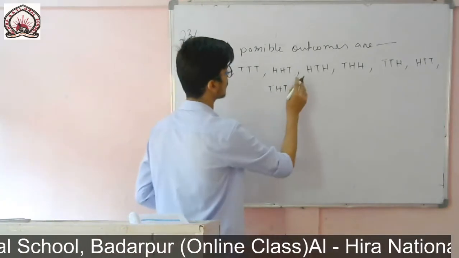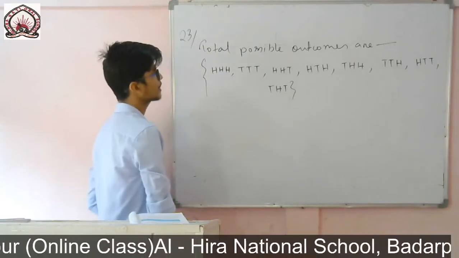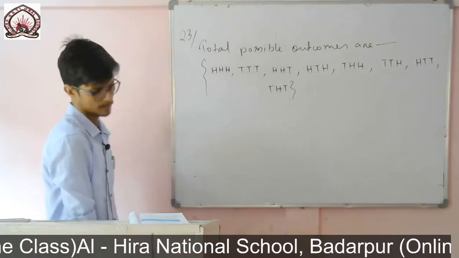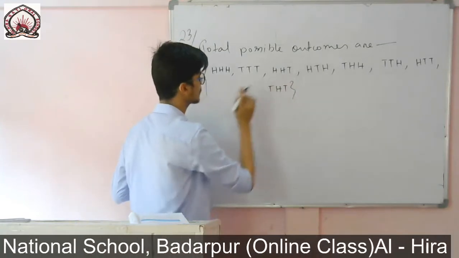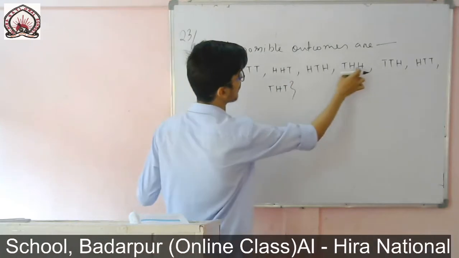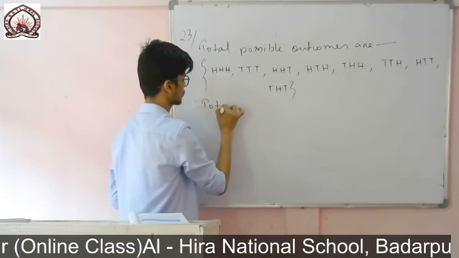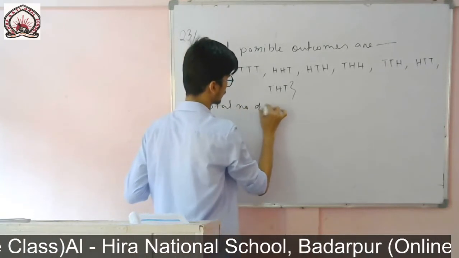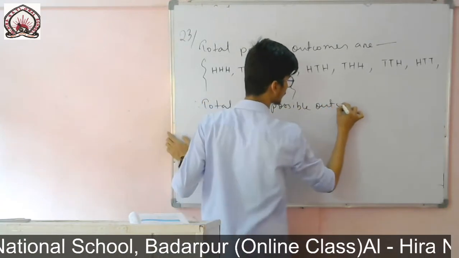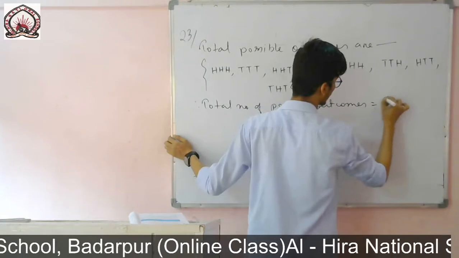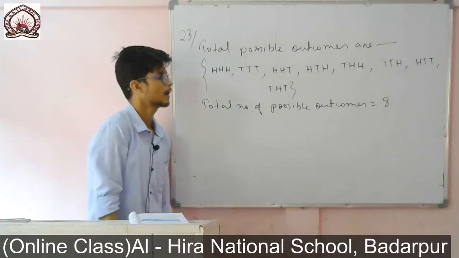So these are the total possible outcomes. So total number of outcomes, how many? 1 2 3 4 5 6 7 8. So you write, therefore, total number of possible outcomes is equal to 8.